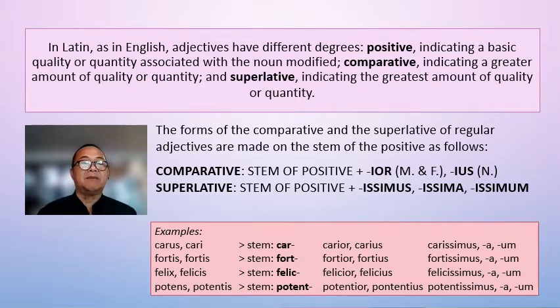So the example, car, from carus: carissimus, carissima, carissimum. Fortis, you have fort: fortissimus, fortissima, fortissimum. Felix, felicis, you have felic: felicissimus, felicissima, felicissimum. And potent, from potens, potentis, you have potentissimus, potentissima, potentissimum. So that is how you form the comparative and superlative degrees of regular adjectives.